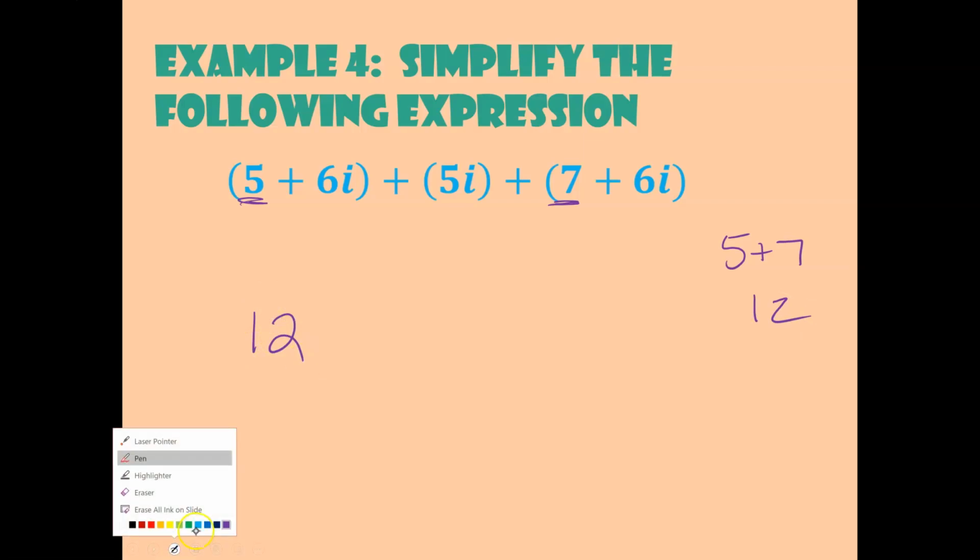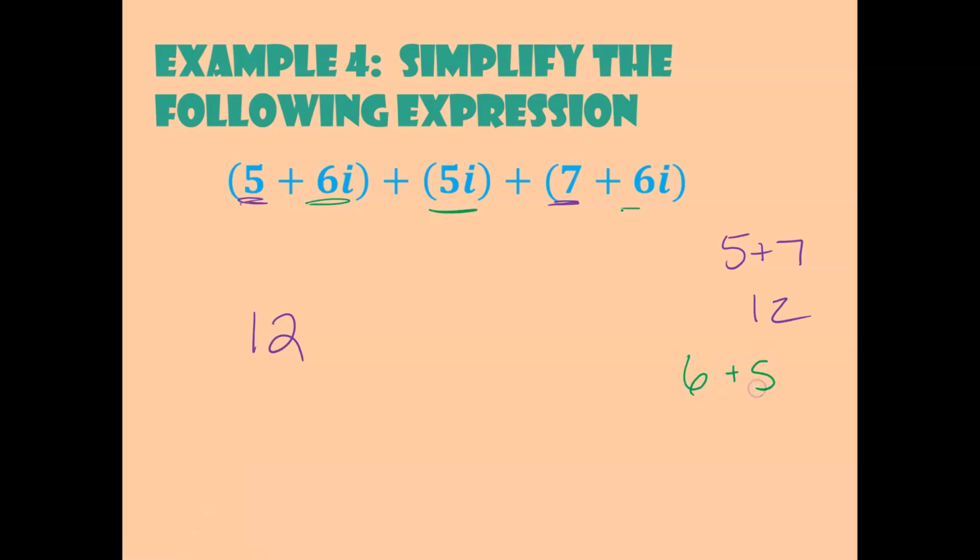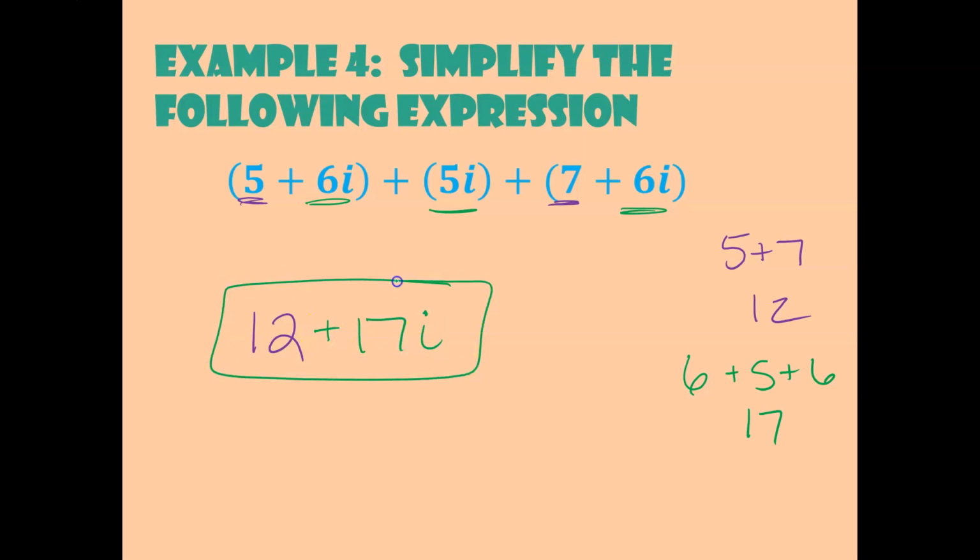And then I've got my imaginary, which is positive 6, positive 5, and another positive 6. So that's 6 plus 5 plus 6, that's 17. So that's going to be plus 17i. Don't forget to add that i back in there, okay? All right, so we'll just put that here.